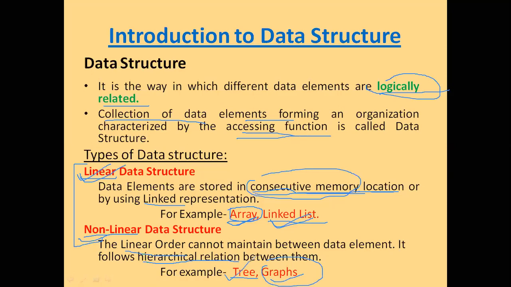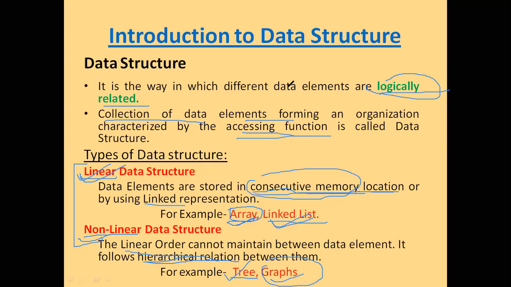So our syllabus has the tree structure, which follows this hierarchical relation. Understood? So this is basically one more question from your board. What is data structure and what are the different types of data structure?